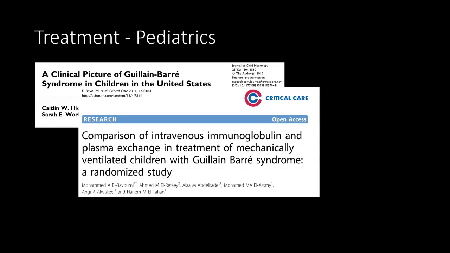This was actually a randomized controlled trial that looked at patients treated with IVIG versus plasma exchange in patients who were intubated. This was 41 patients, and they found that patients treated with plasma exchange had a shorter period of mechanical ventilation by 2 days, but there wasn't any difference in the duration of their PICU stay, or their ability to walk unaided after 4 weeks or 28 days.